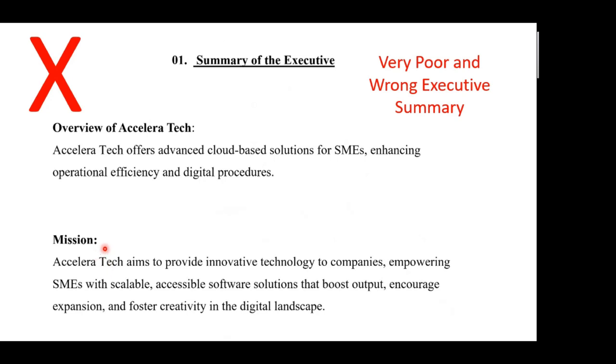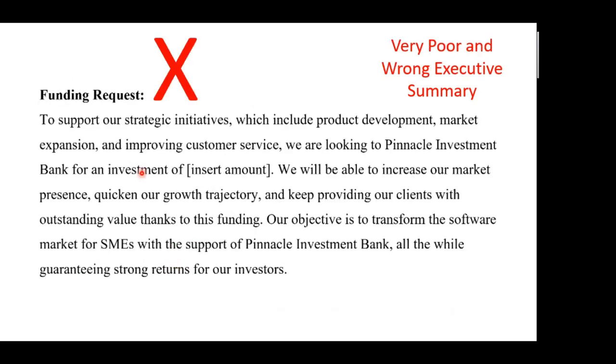And here, if we go further, see, funding request. Now these are subheadings. So we never write very lengthy executive summaries with so many subheadings. As I told you, it should be 2-3 paragraphs, limited to one side of an A4 page in this type of small business proposal.